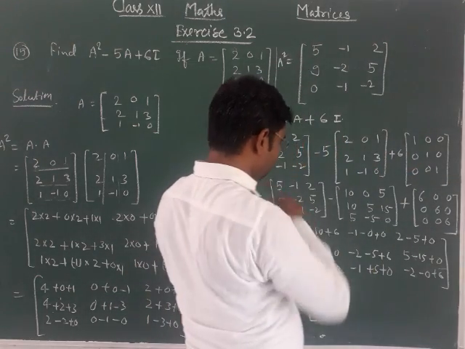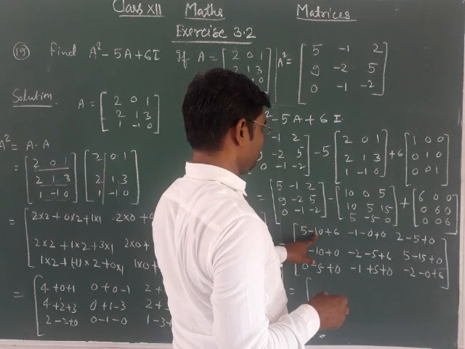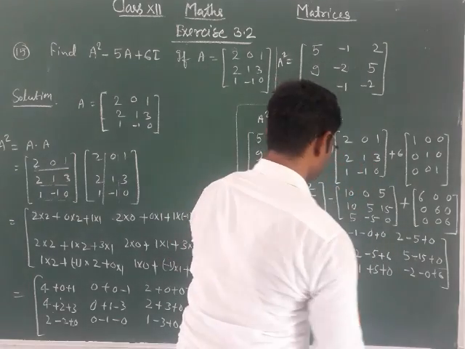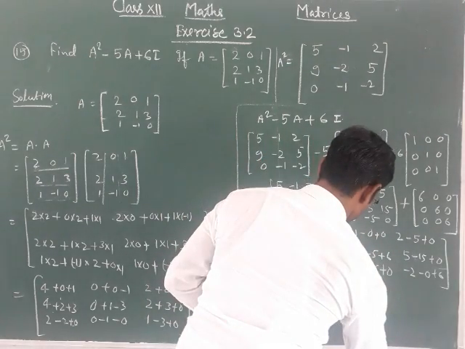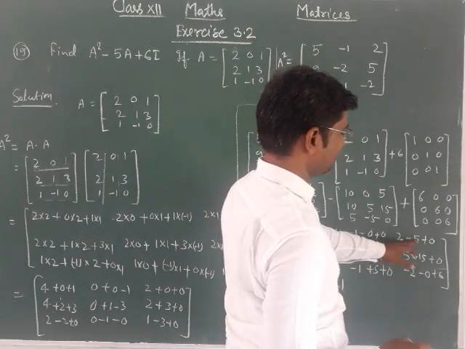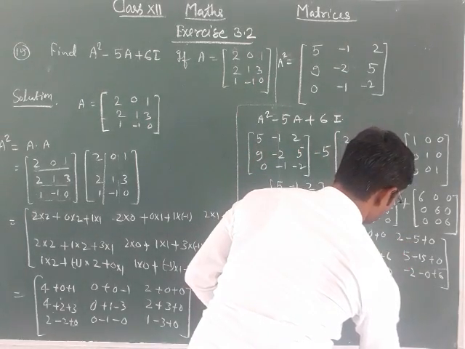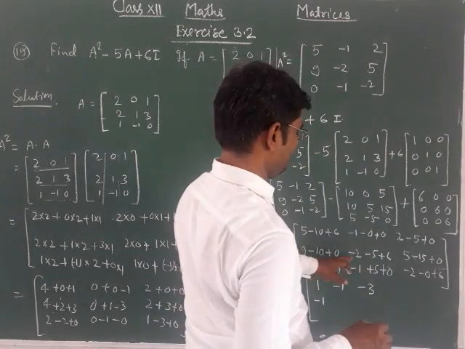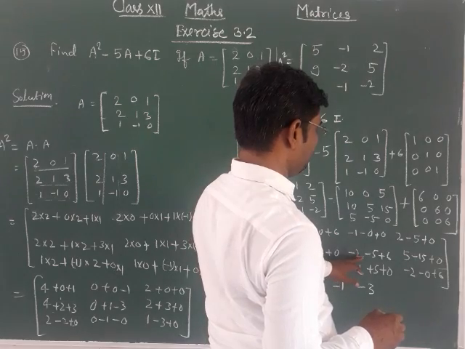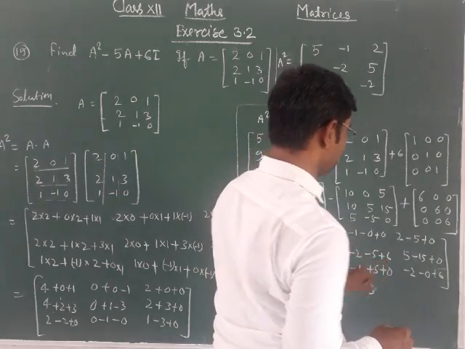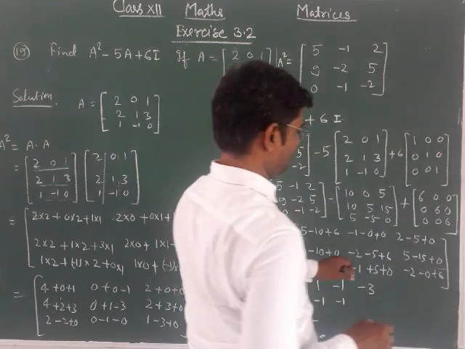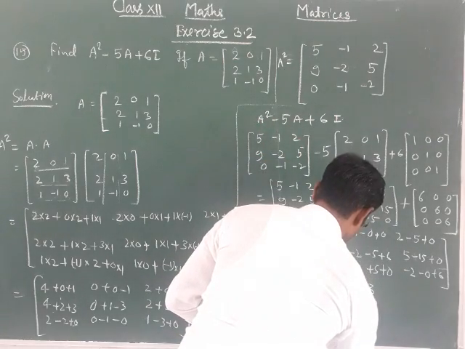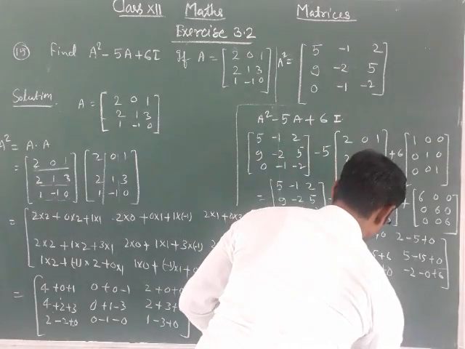Now 5 minus 10, this is minus 5 plus 6, which is 1, and this is minus 1, and 2 minus 5 is minus 3, and 9 minus 10 is minus 1, and minus 2 minus 5 is minus 7 plus 6 is minus 1, and minus 10, and minus 5, and 4.